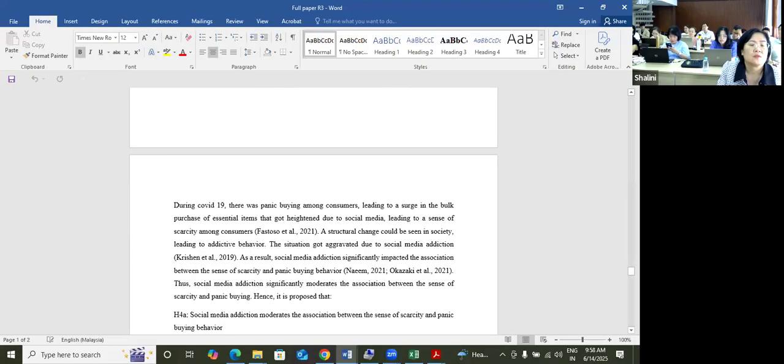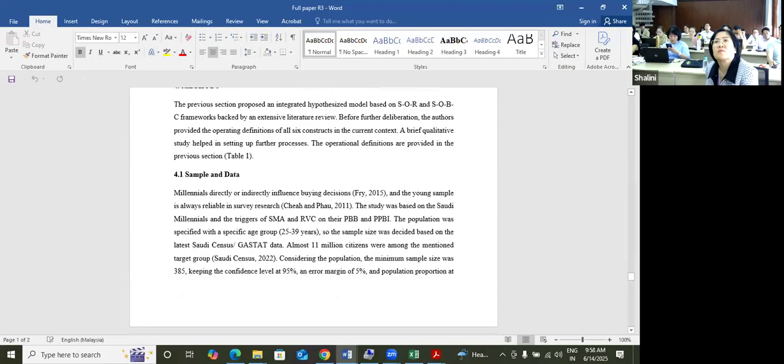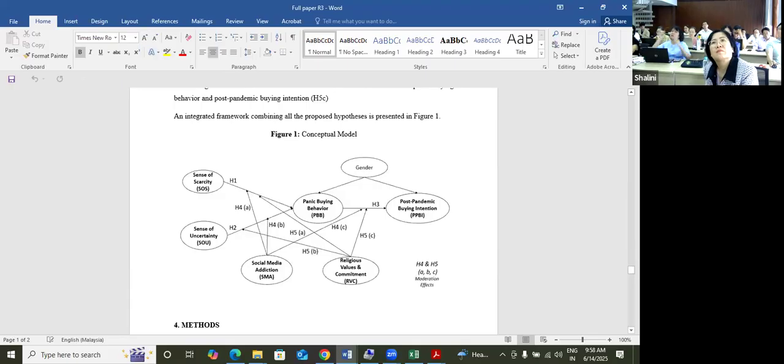Okay, so this is the model. Can you all see this model? This is a quantitative paper with the help of primary data. So what we do in this paper, we have made a model here. Making a model means it's a quantitative paper with primary data collection, right?